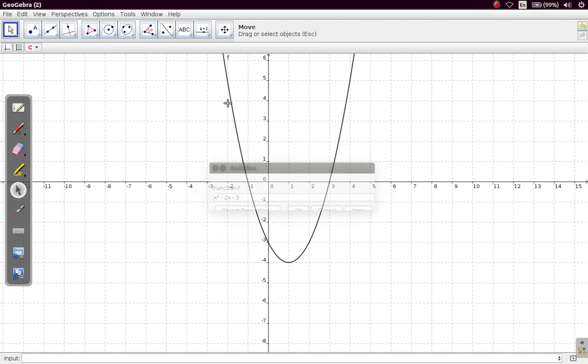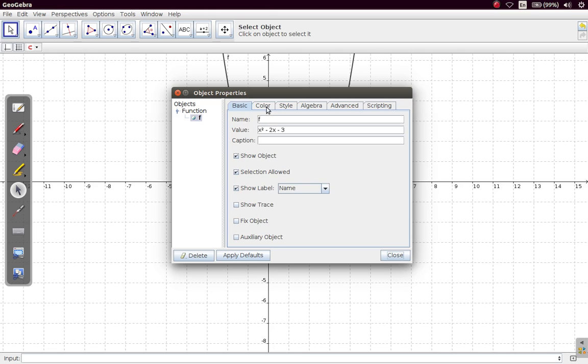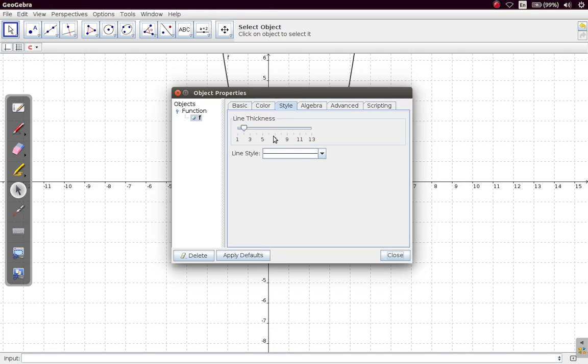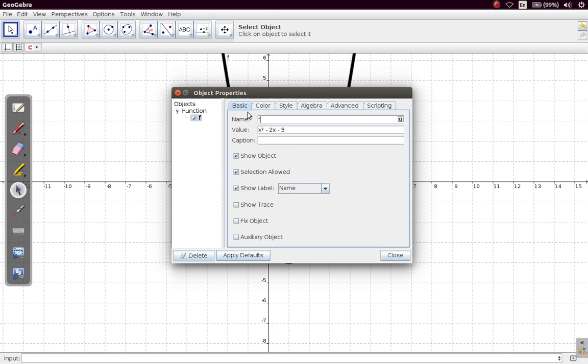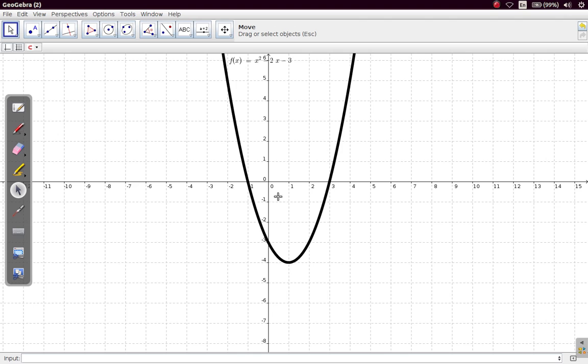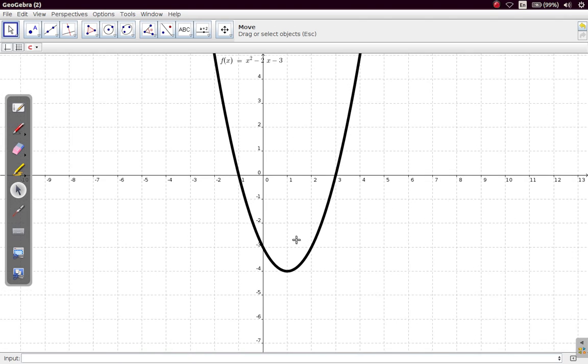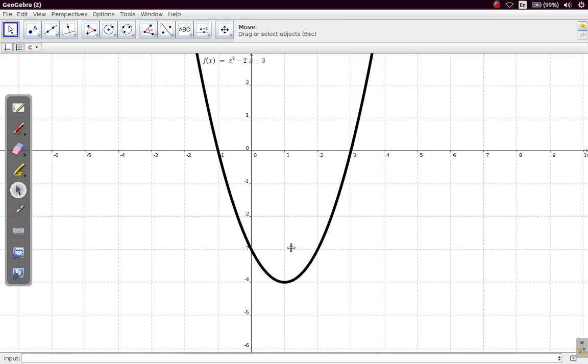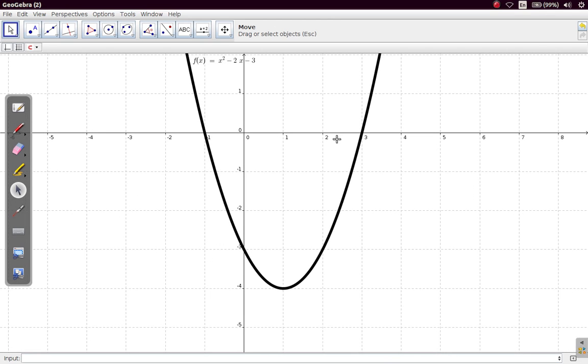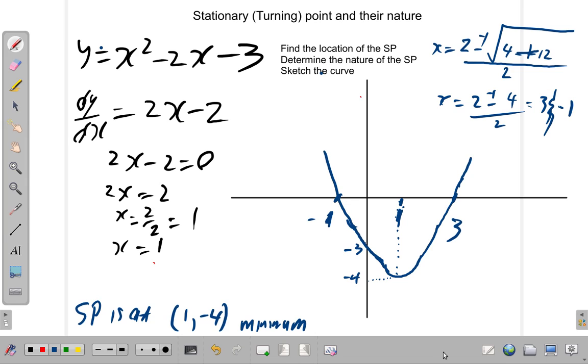Let's make some adjustment to our curve. Yeah, the color is okay. I want it to be thick and I want to see the equation. Alright, x squared minus 2x minus 3 is our curve. Let's get a closer look.